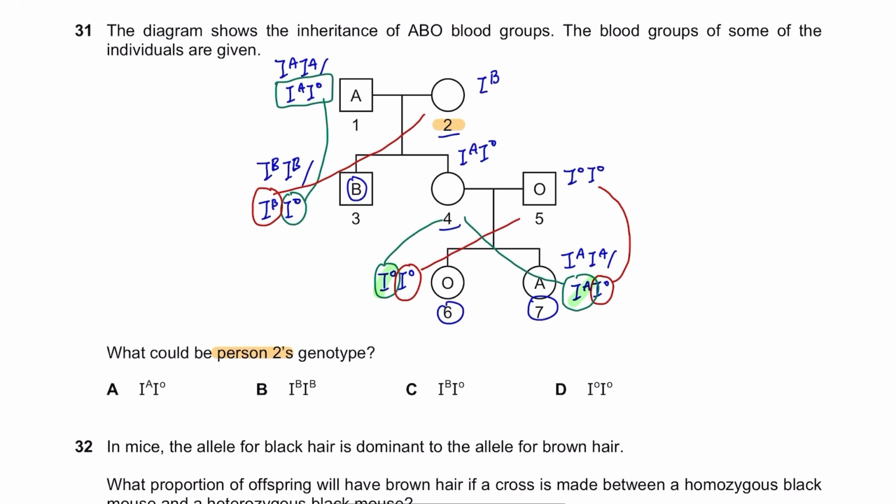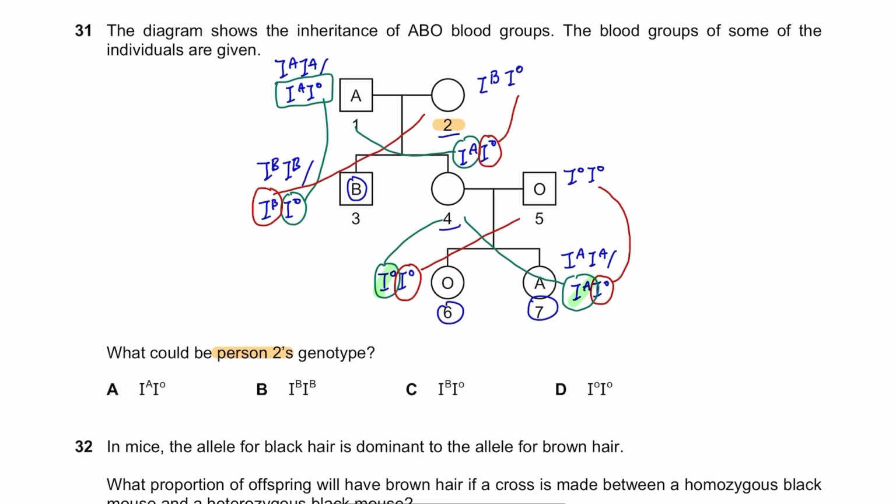Lastly, person 4 has genotype of IA and IO. Well, this means that person 2 can have two kinds of genotypes. The first one is when we say that the allele IA is from person 1 and the allele IO is from person 2. So then it can be IB and IO.